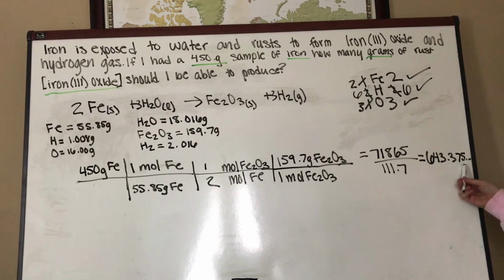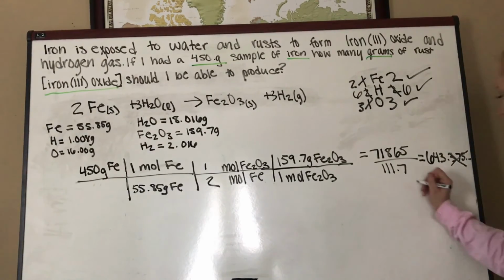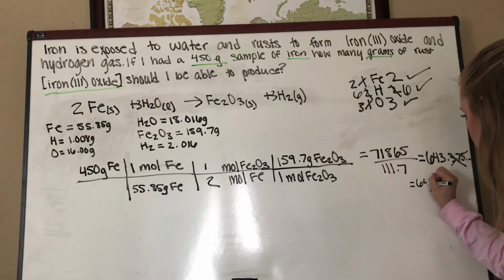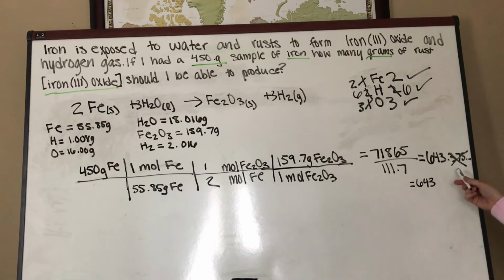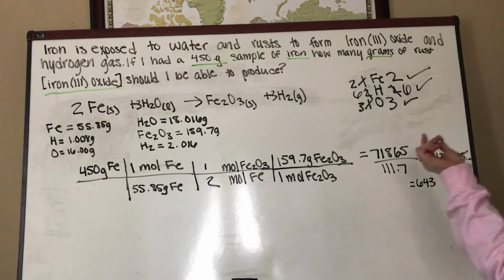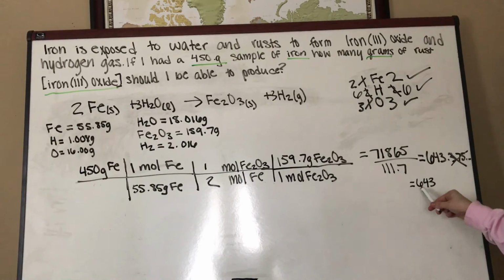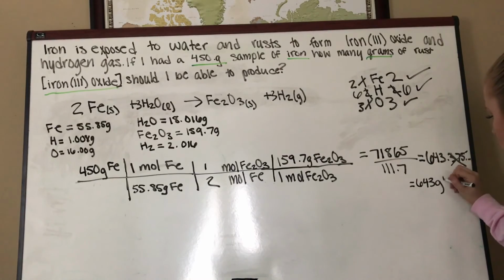Here, there are 6, so we're going to take these out, and we'll be left with 643. You're not going to round up because our decimal is not 0.5 or above. So our answer is 643. But then we need our units, which is grams of iron 3 oxide.